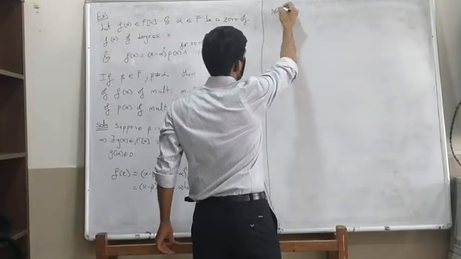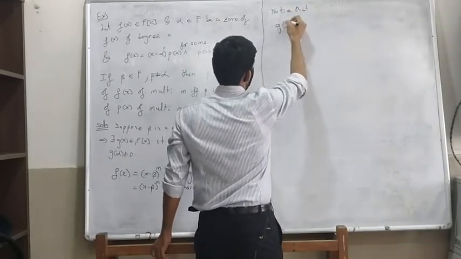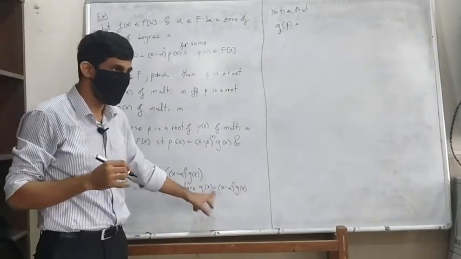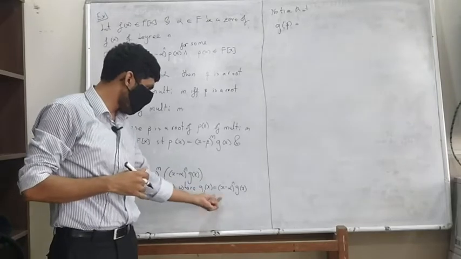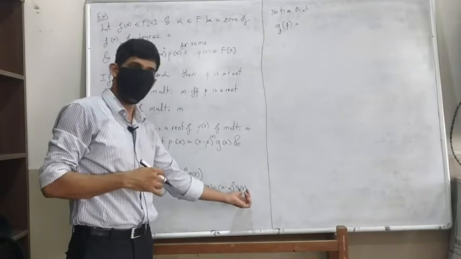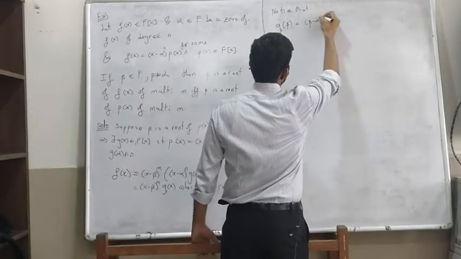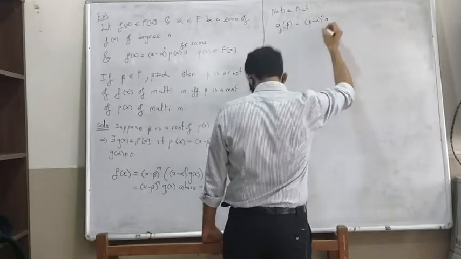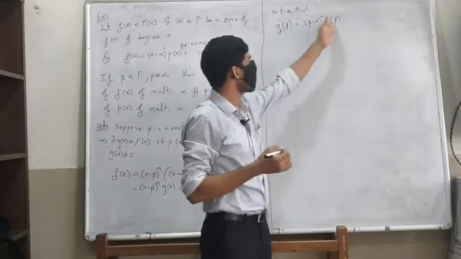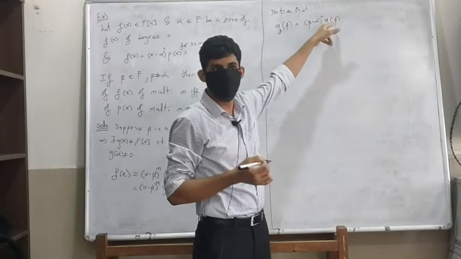What happens to g1 of beta? We know that because the evaluation map is a homomorphism, right? So g1 of beta will be evaluate beta in this place into evaluate beta in this place. So that will give us beta minus alpha raised to n times g of beta. Okay, these are both elements of the field. Beta is not equal to alpha, so this is non-zero, right?